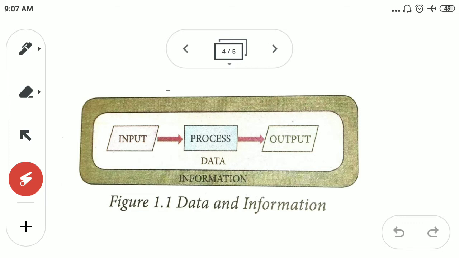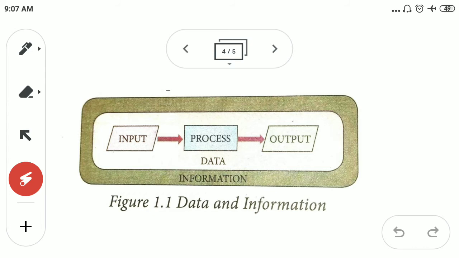Okay, so this is data. You provide input as data to the computer, it processes it and gives the information as an output. So what is the difference between data and information? Data is a raw fact. For example, 36 is a number, it is a raw fact.